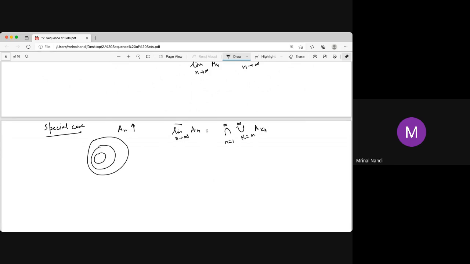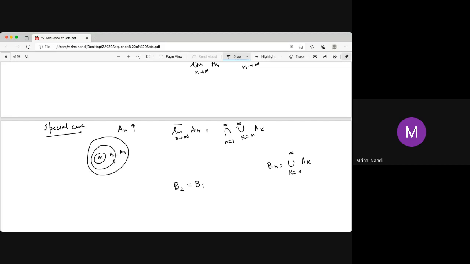Now, if you take the union k equal to 1 to infinity, what is this? It is an increasing sequence. Say this is A1, then A2, then A3. What is B_n actually? B_n is by definition the union from n onward. Now what is B1? B1 is a union of all this. What is B2? B2 is the same as B1, because A1 is a subset of A2.